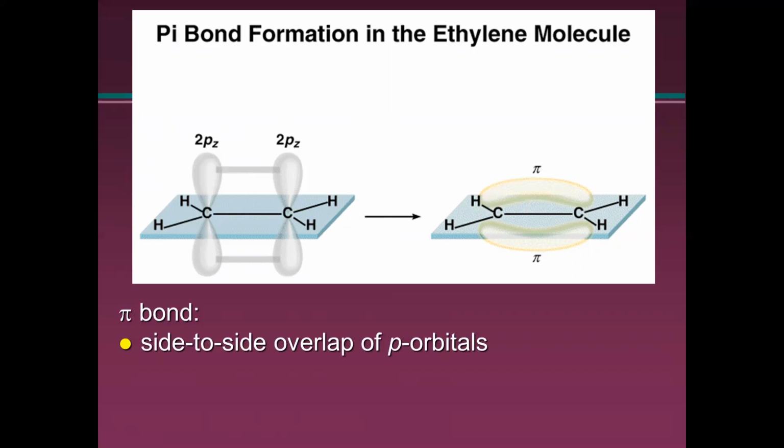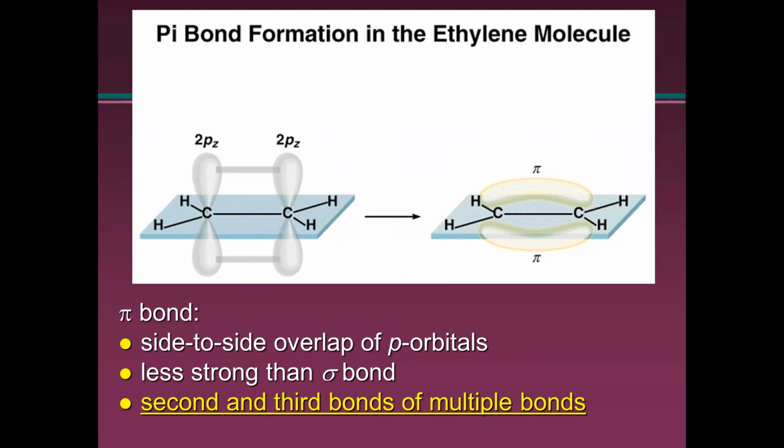For the pi bond, there are a few things we should know. First, it is the side-to-side overlap of the p orbitals, and it's weaker than the sigma bond because the distance is quite long and the overlap is small compared with the sigma bond.